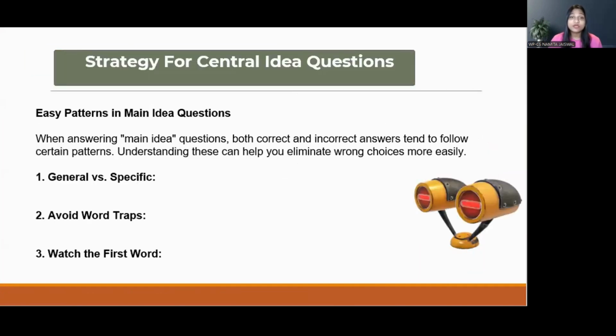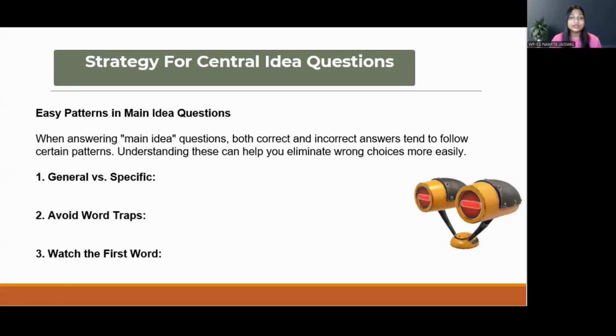Now, the strategy which we are going to use here is, when answering main idea questions, both correct and incorrect answers tend to follow certain patterns which you have to understand. Understanding these helps you eliminate the wrong choices more easily and get your right answer. The first one here is general versus specific.